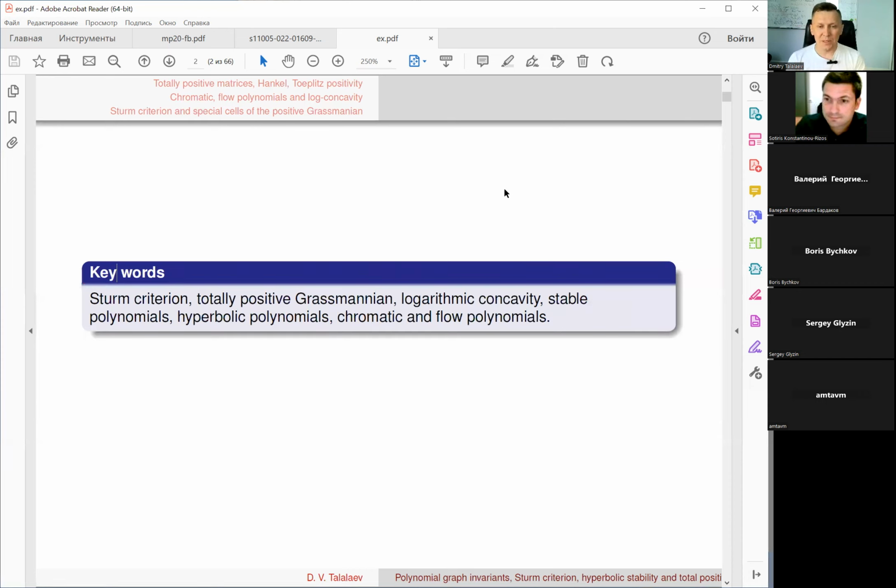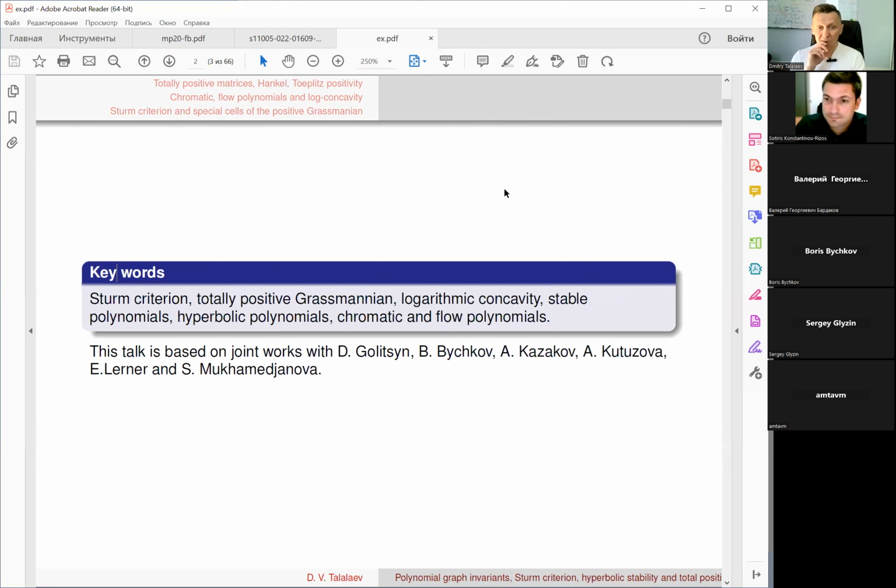Here I presented some keywords related to my talk. So we see the Sturm criterion, the geometry of totally positive Grassmannians, logarithmic concavity property, stable polynomials, hyperbolic polynomials, and two famous polynomial graph invariants.